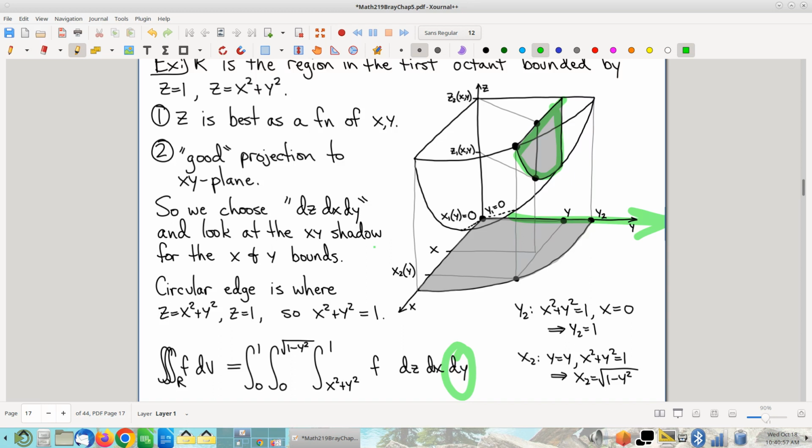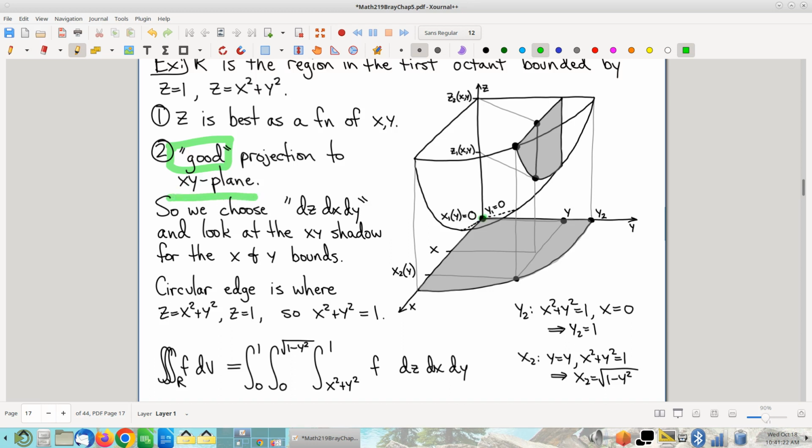So here's where this projection business comes in, I think, very nicely. Rather than looking at this slice and then thinking about slices of the slice and relying so much on the picture, I'm going to claim here that there is what I call a good projection down into the XY plane.